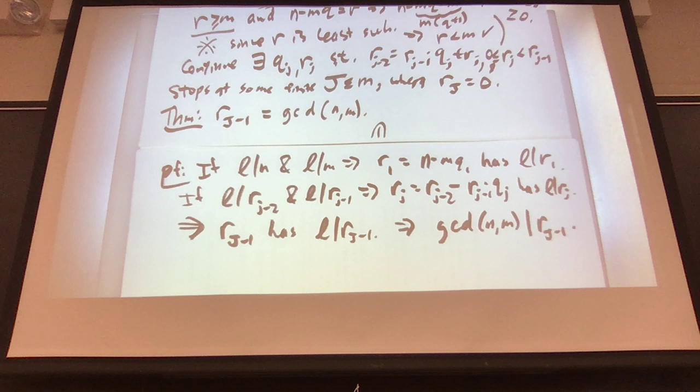But Rj is 0. Which means Rj minus 2 has Rj minus 1 as a divisor.